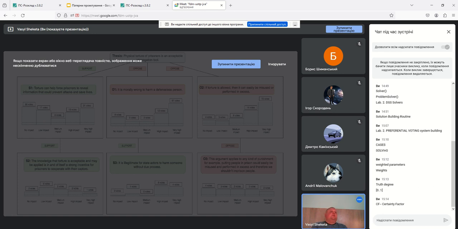CF, certainty factor, is a variable parameter that defines how sure the user is about the value of variables or numbers.